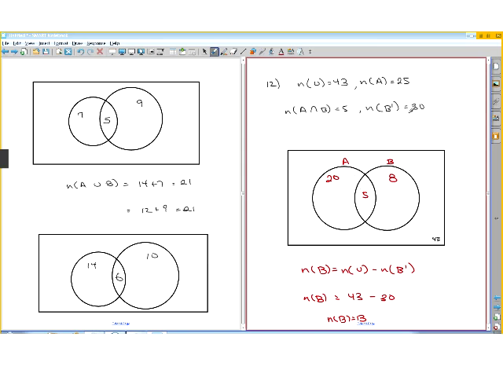Okay, 25 in here, 5 in there, so there's 20 in that part. There's 30 that are not in B. So there's 30 that's in here and this part around here. I'm trying to figure out if that can be true or not. I guess it has to be.